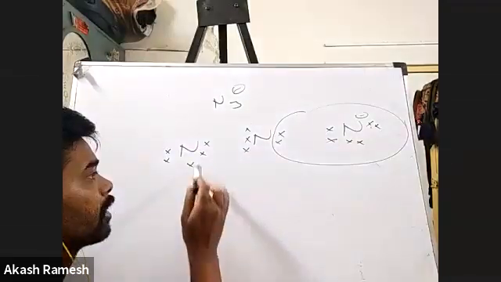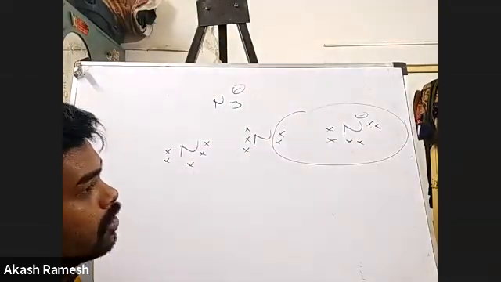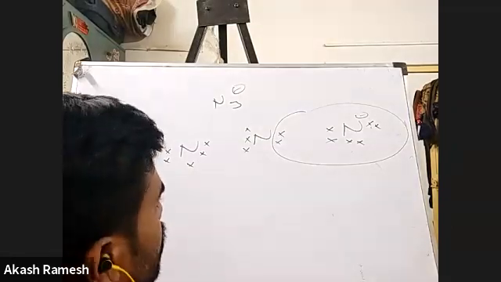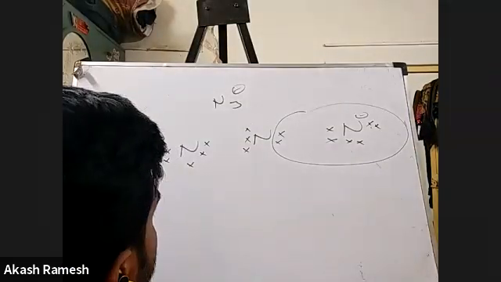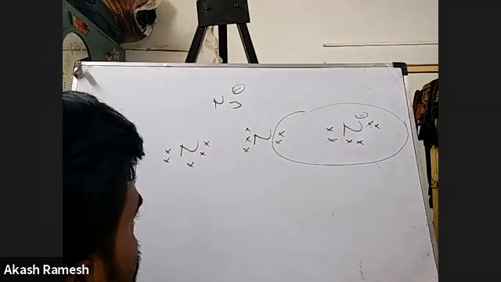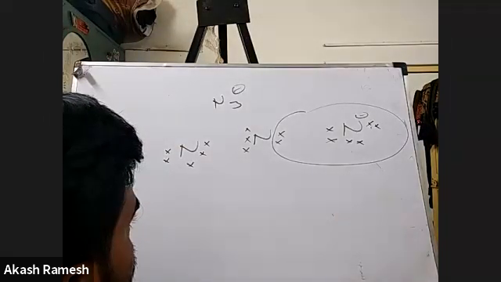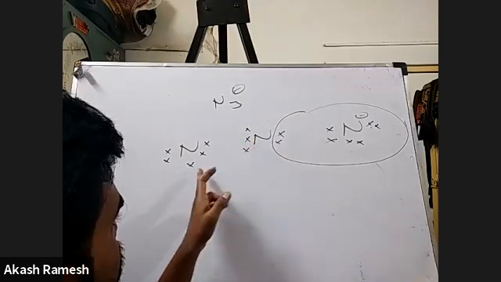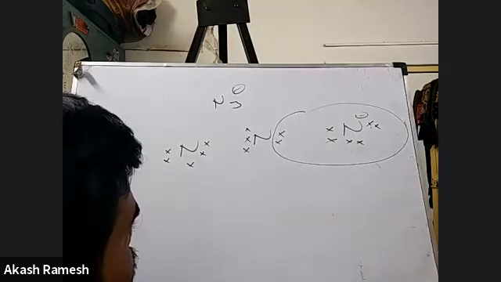One second, guys. So 2 electrons. If this gives 3 electrons, I cannot have 5 bonds.